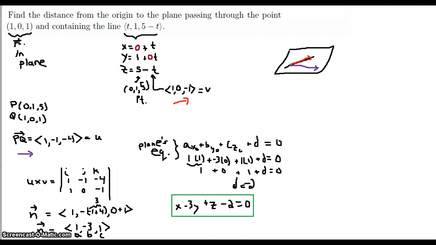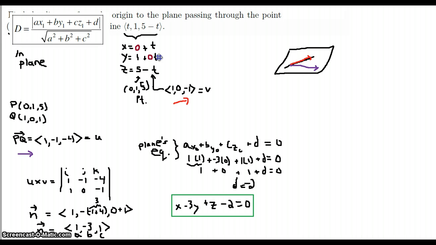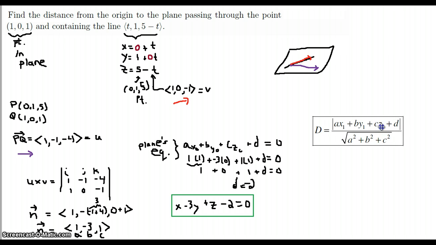Now find the distance from the origin to the plane. The distance between a point and a plane can be given by this formula from the notes, where x1, y1, and z1 is the point, and the plane is ax plus by plus cz plus d equals 0.